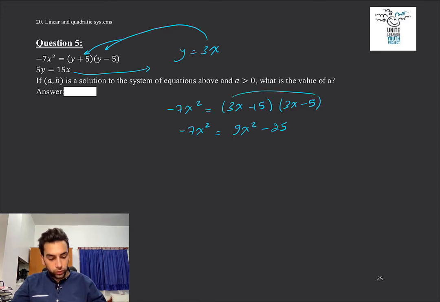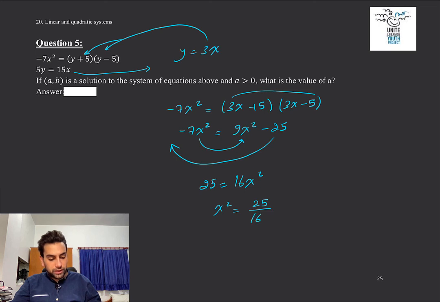Now, what we will be doing next is to isolate the x, which means take this negative 7x squared to this side and negative 25 to the other side. You will get 25 is equal to 16x squared. Divide by 16 on both sides, you will get x squared is equal to 25 over 16.